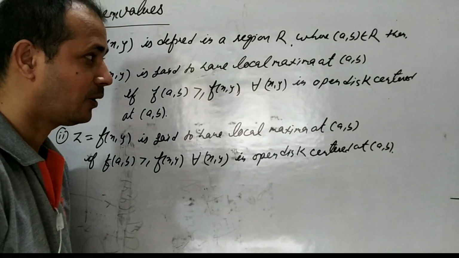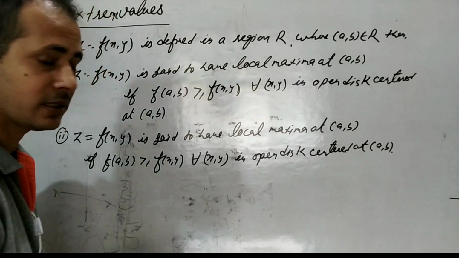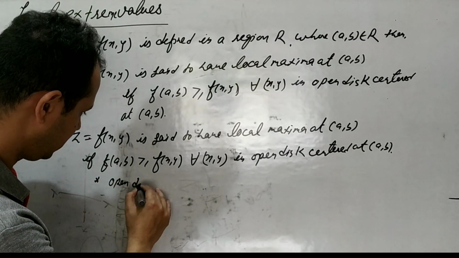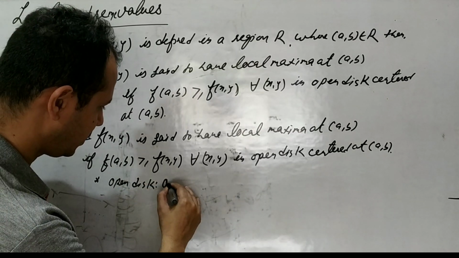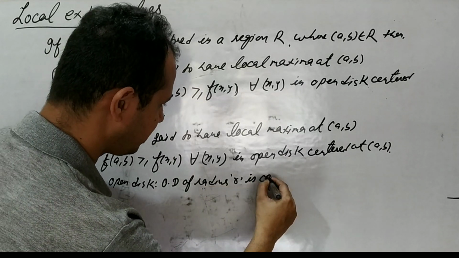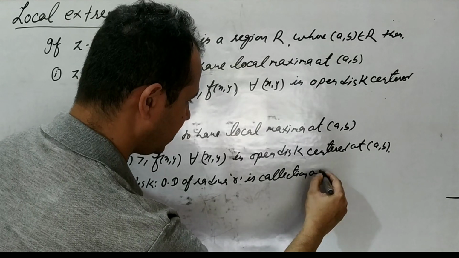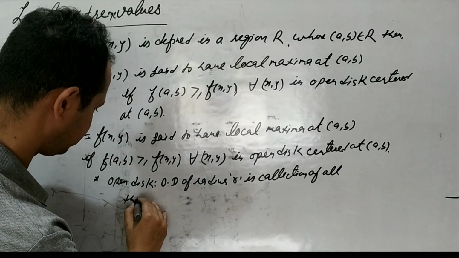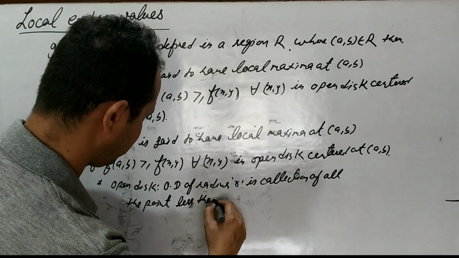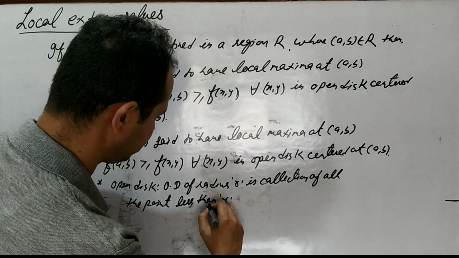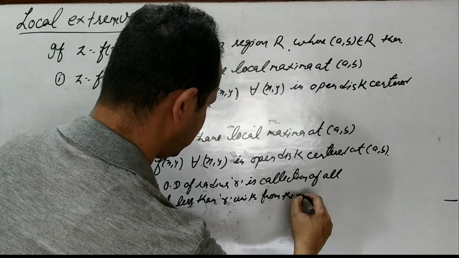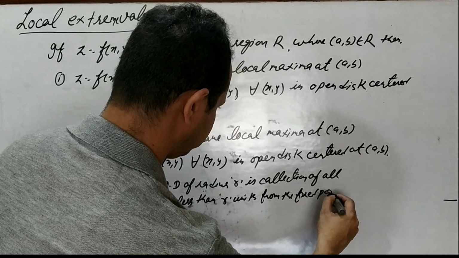Students, you can see the term open disk. An open disk is in fact a collection of all the points. Let us write the meaning of open disk. An open disk of radius R is a collection of all the points less than R units from the fixed point.